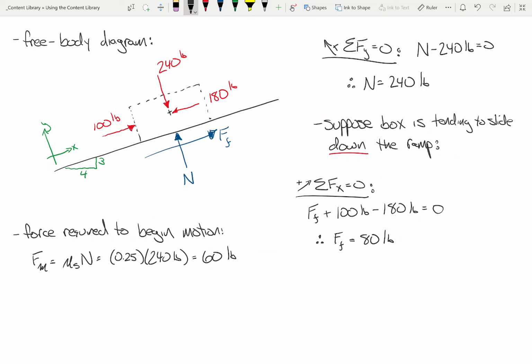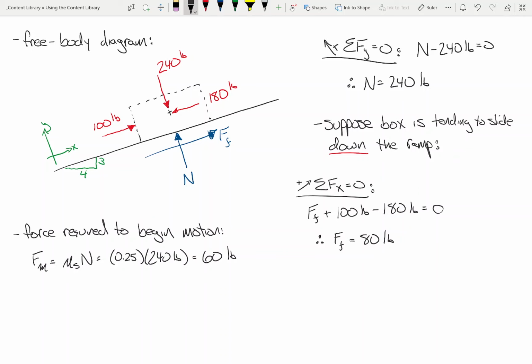So, can somebody tell me what's happening here? In order to keep this box in equilibrium, I'm saying that the frictional force needs to be 80 pounds. Can I get 80 pounds?